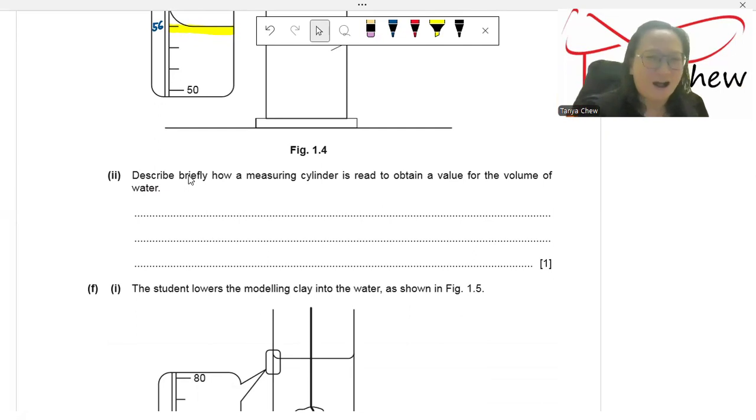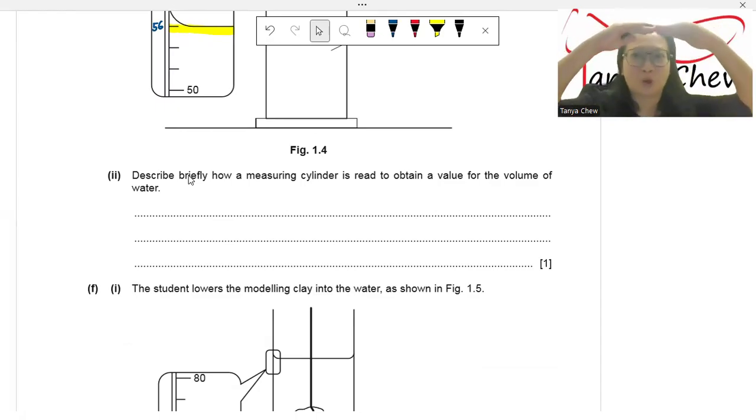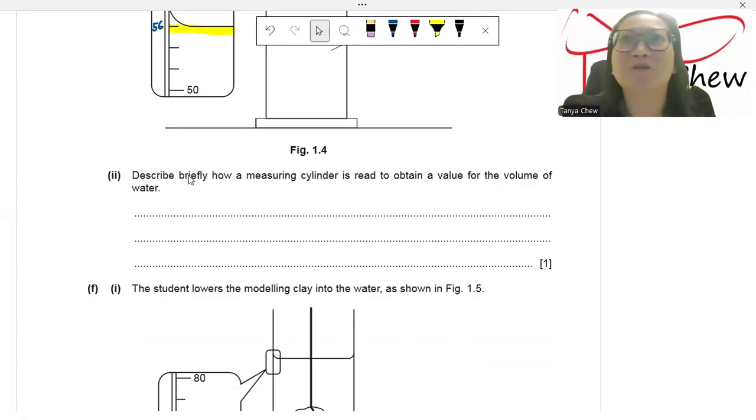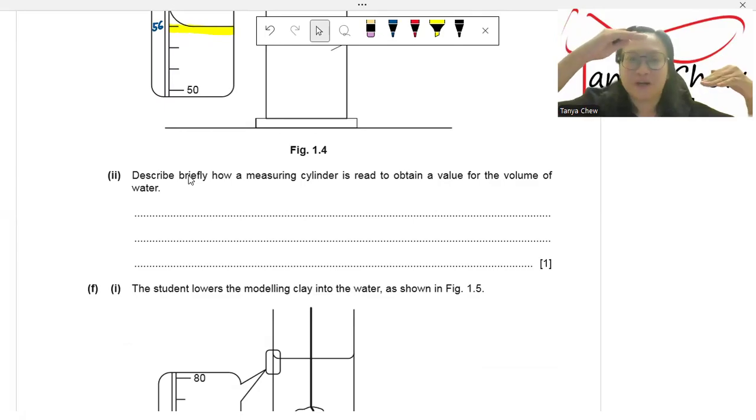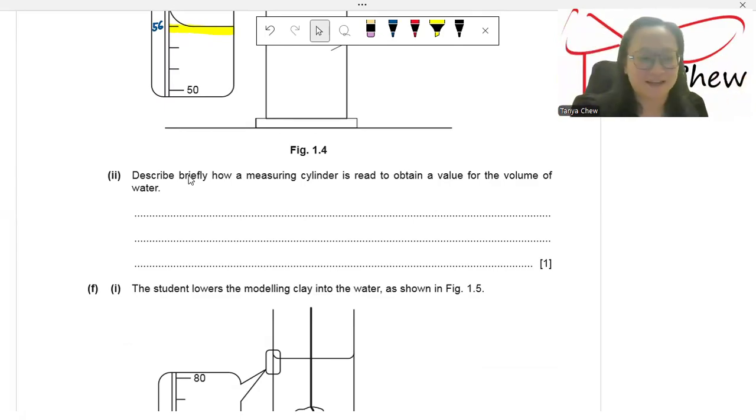I have a lot of ideas here. When you want to read from the measuring cylinder, you have to make sure that you lower your eye level to where 56 cm cube is. And then you look at the reading below that meniscus. And then your eye must be perpendicular to the scale to avoid parallax error.